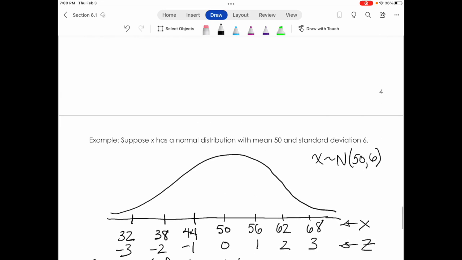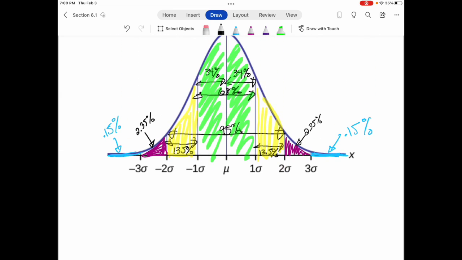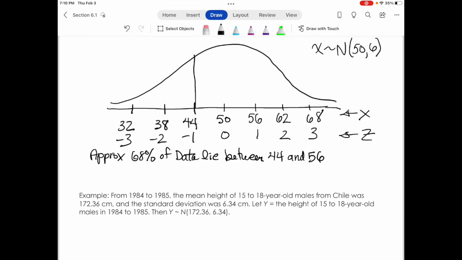Because if we scroll back up here and we look at our empirical rule, we said that 68% of the data comes one standard deviation out in either direction. So that's this from here to here, 68%. Now, if I go out another standard deviation from here to here, that's 95% of the data.